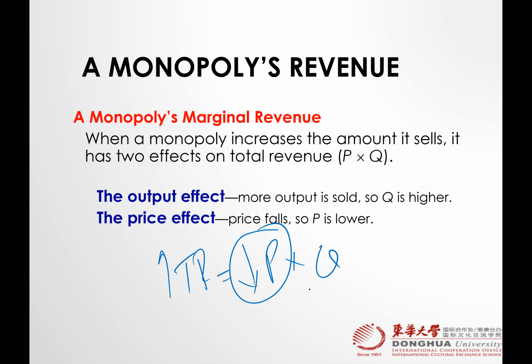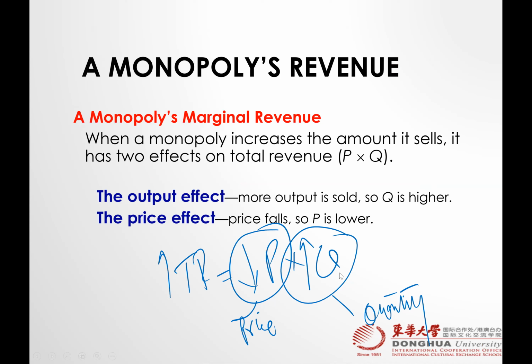What will be the opposite effect? An increase in quantity, right? So we just separated Q and P into two, and we named them the price effect and the quantity effect. Simple. Price falls, Q increases. That's it. Right, guys?